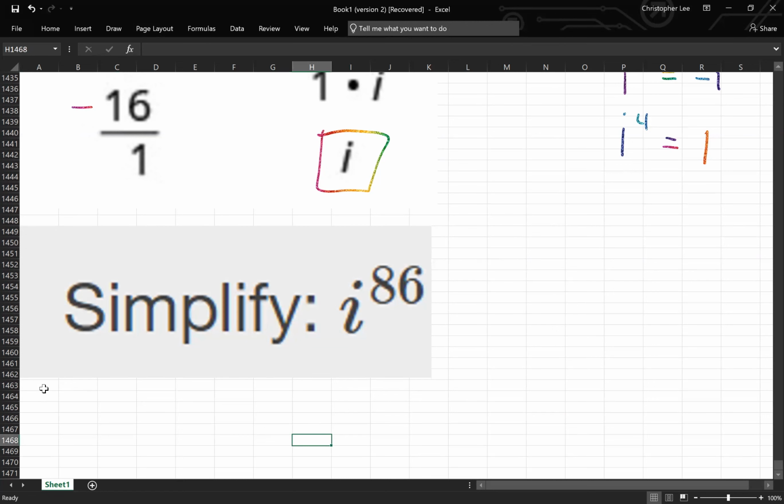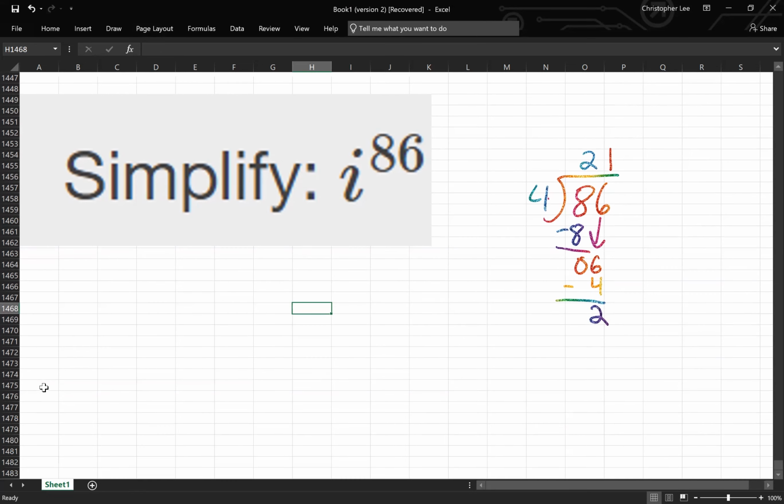I don't know what that's going to be in the 4-way pattern that we have, so what I do is I take the 86 divided by 4. 4 goes into 8 2 times. 2 times 4 is 8. Subtract that, 0, bring down the 6. Now 4 goes into 6 1 time, and 1 times 4 is 4. Subtract that, that's 2. So that has a remainder of 2.